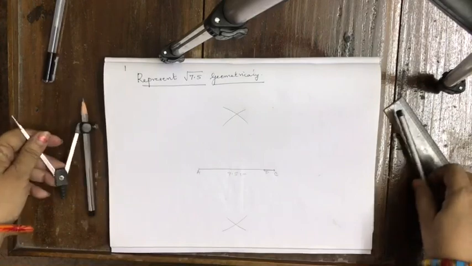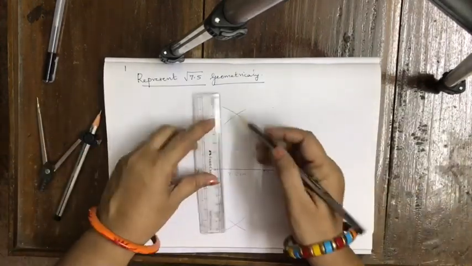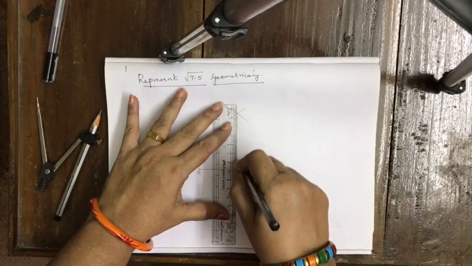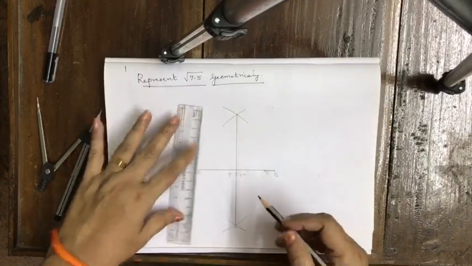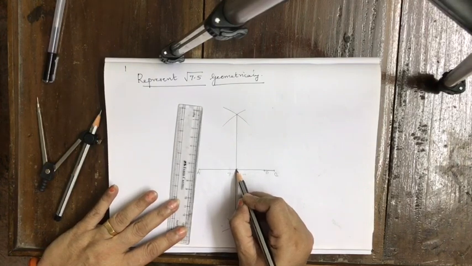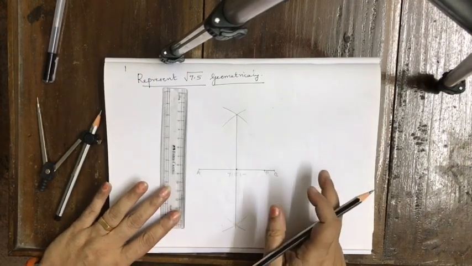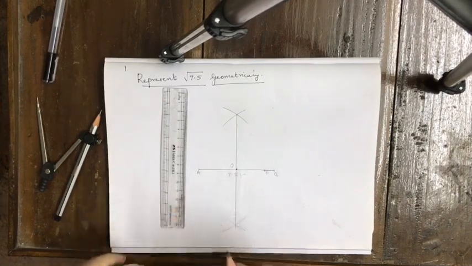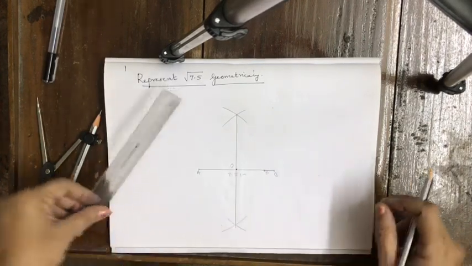Now you will join the arcs we have drawn above and below. The point where it meets AC will be the midpoint of AC. So you are going to mark it as O. So O is the midpoint of AC.